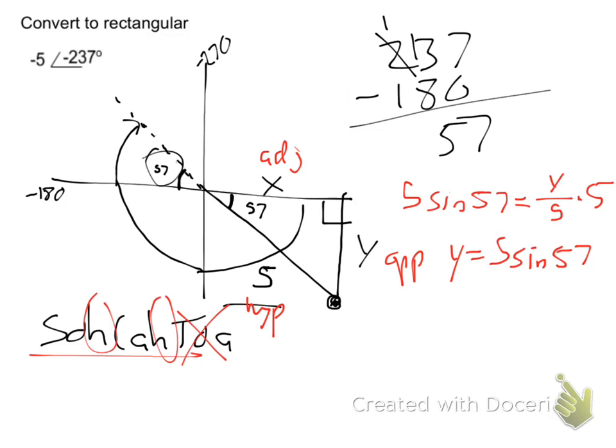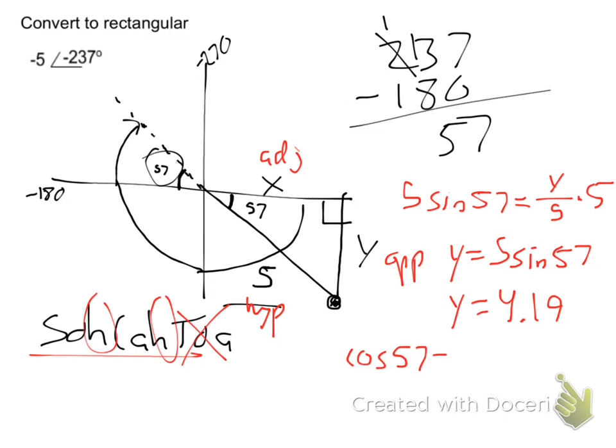Make sure you are in degrees on your calculator. Take your calculator out, figure this out. And we get y equals 4.19, or 4.2, depending on how you're rounding.